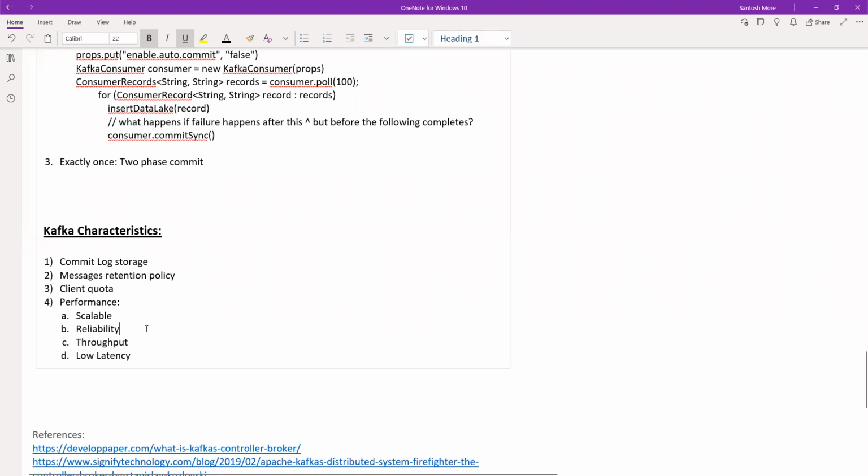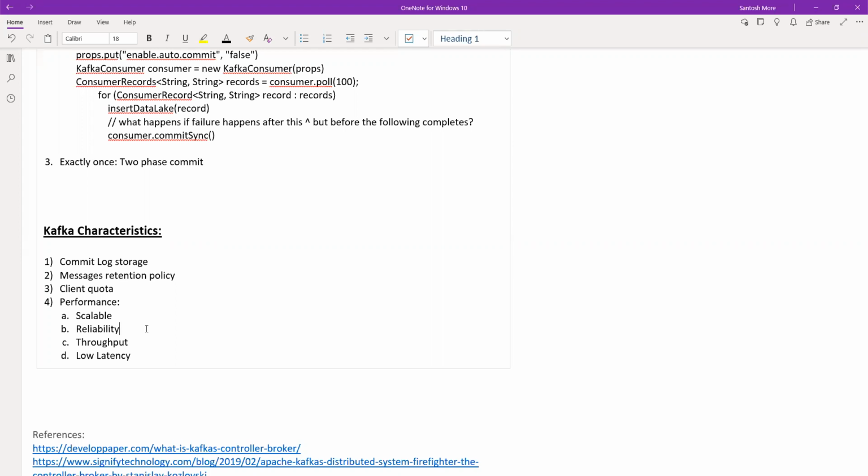The second is reliability, or fault tolerance. As we said, whenever we have a partition, the partitions are also replicated. These replications are done on different brokers, and the brokers may be in the same cluster, in the same rack, or maybe in different racks.